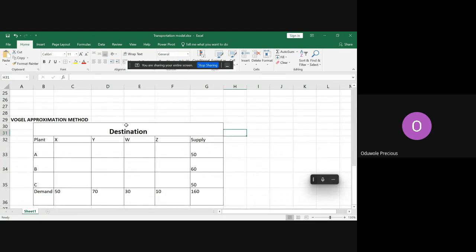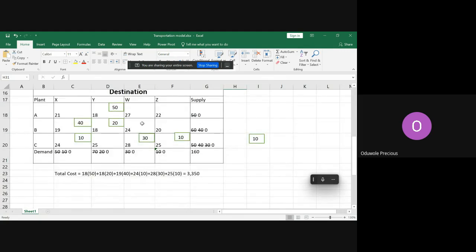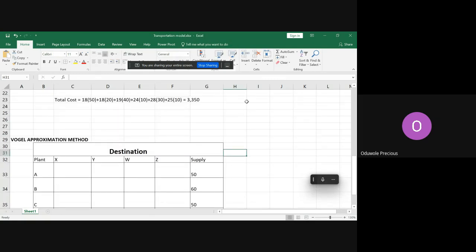I want to do the penalty, what I'll need for the penalties.